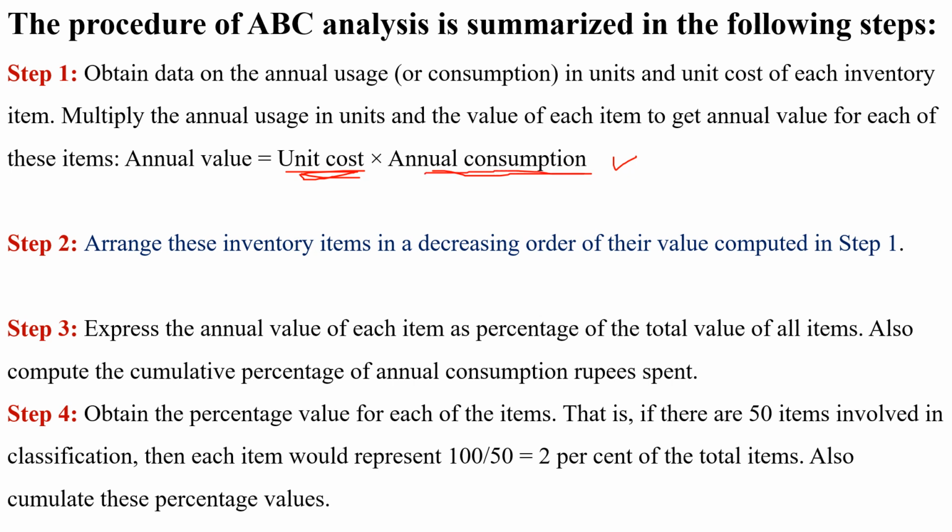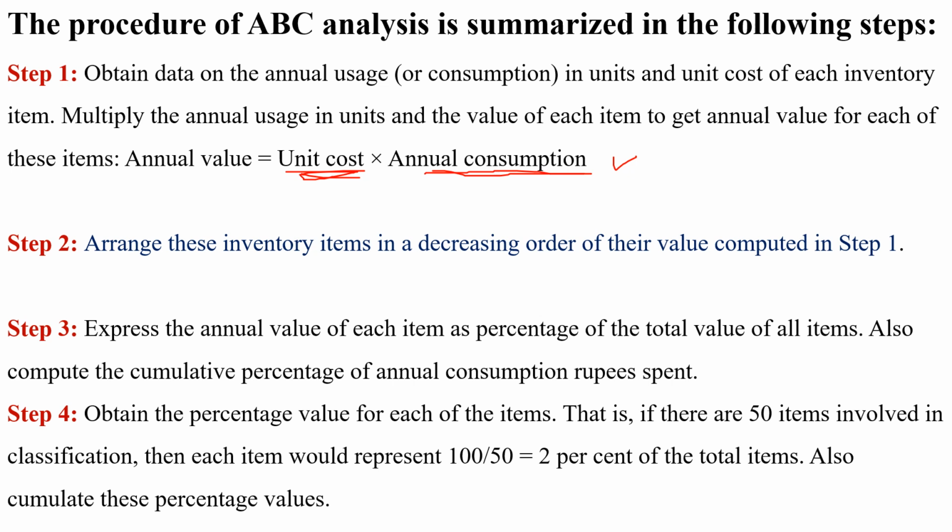The second step is to arrange these inventory items in decreasing order of the value calculated in step 1. So in step 1 we calculated the annual value, and based on the annual value we arrange all the items in decreasing order.